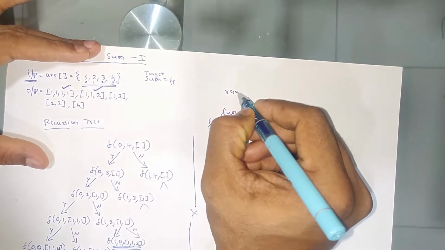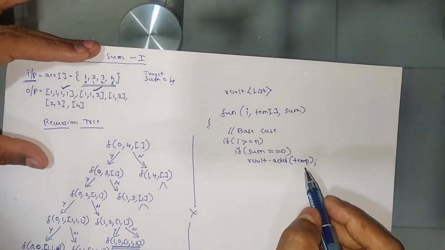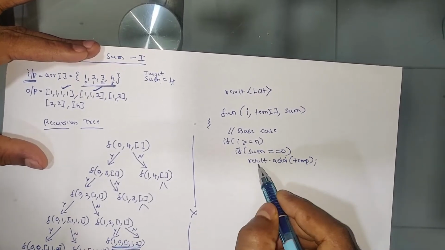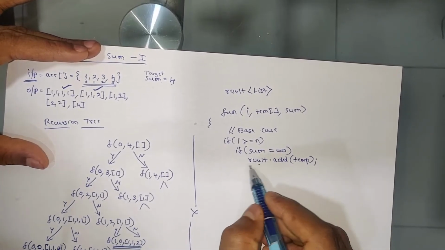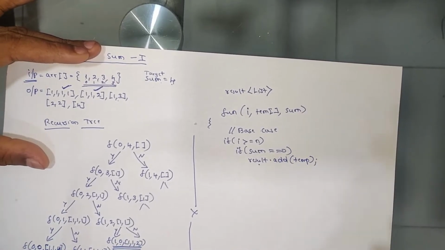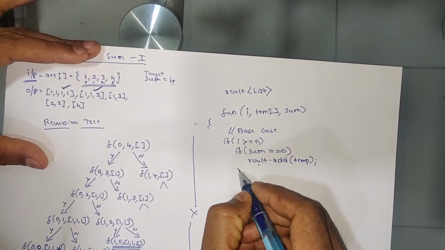Suppose I have a result here, which is basically a list, right? So I will add this data structure in my another data structure, which is the final data structure, which I will use to print, right? Once this is done, I will say return.